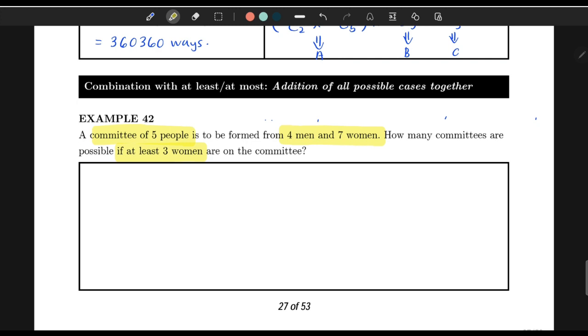Sekurang-kurangnya, at least 3 women. So, we have 7 women and 4 men.